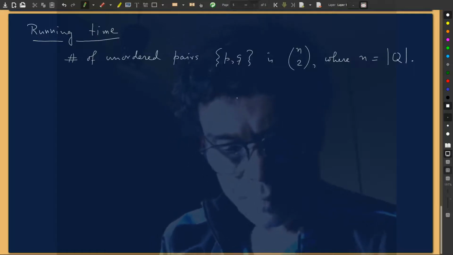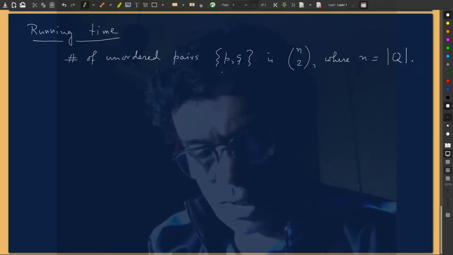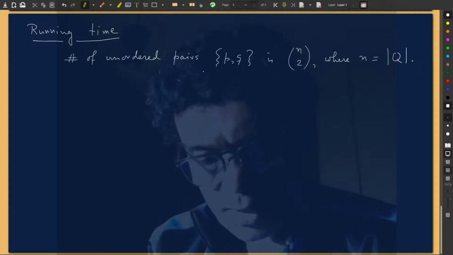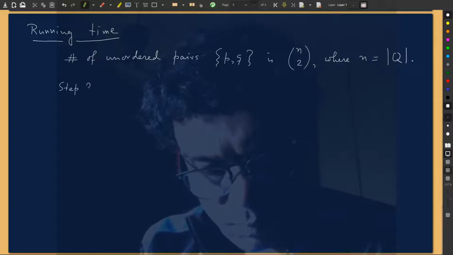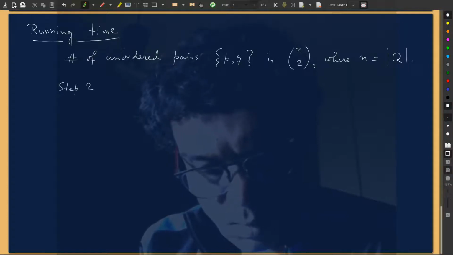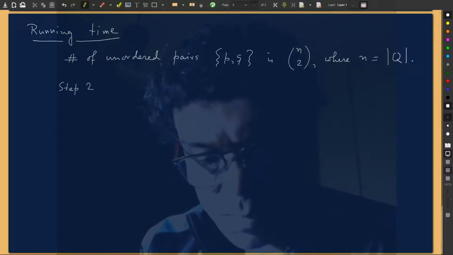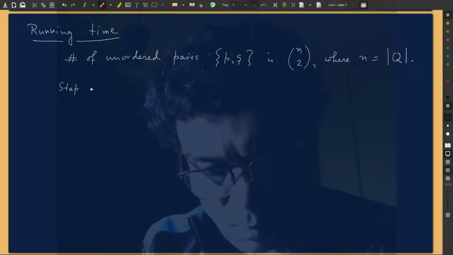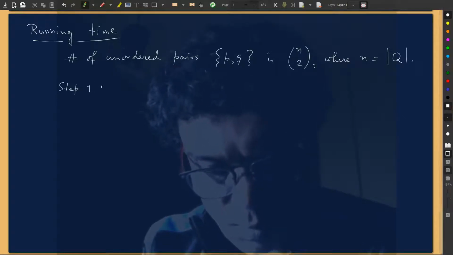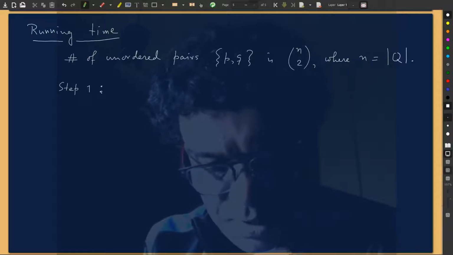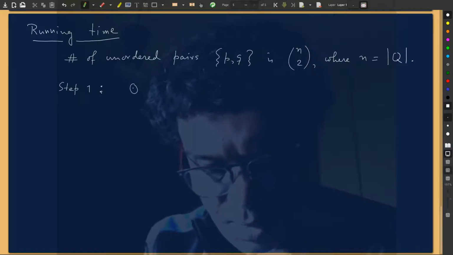Okay. So initially you mark certain things. Anyway, what you can see is that I may start with step 1, where you unmark everything. Okay, initialize. This is a pre-initialization step. This can be done in theta n square time.